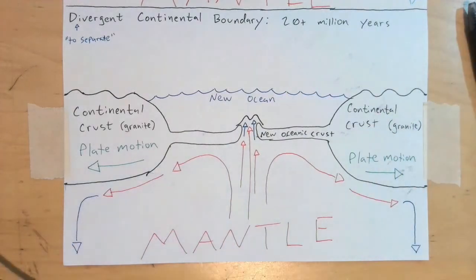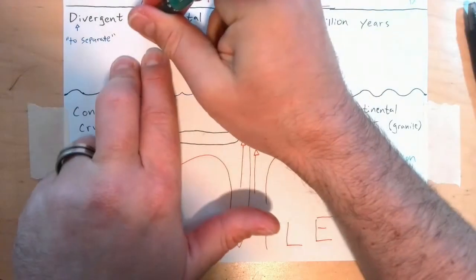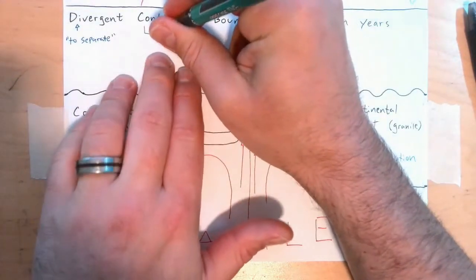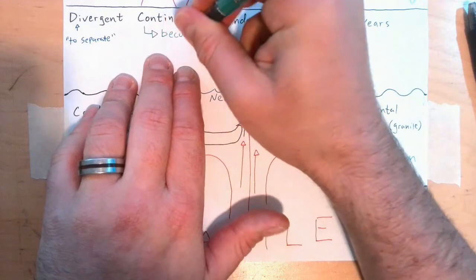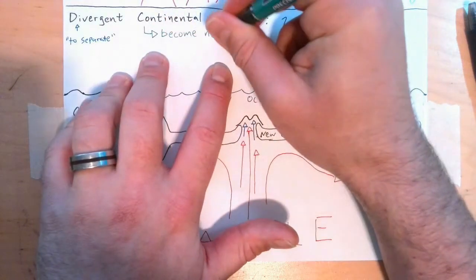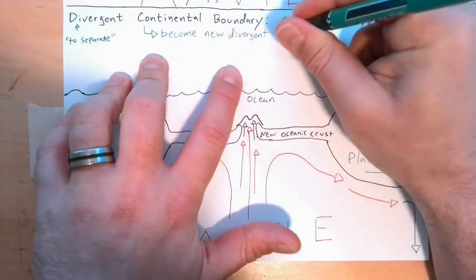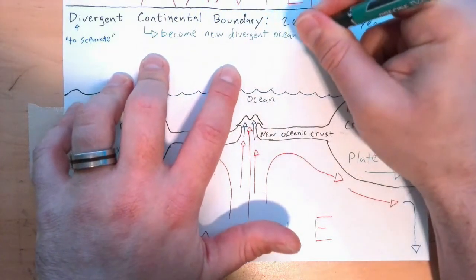And so, a neat little plot twist with our divergent continental boundary is that it will, this is my accent color in green, become a new divergent oceanic boundary.